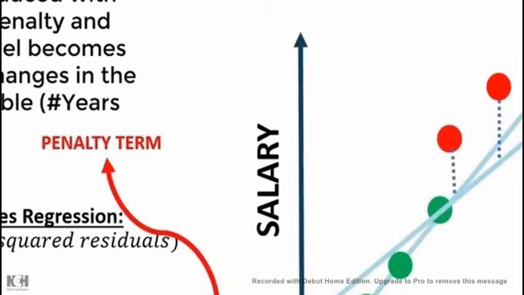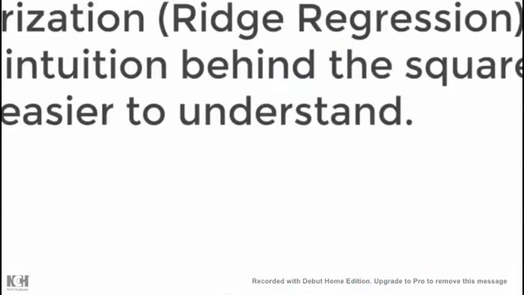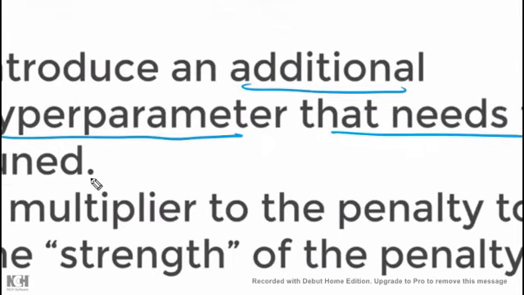Alpha is a hyperparameter value, as I have told you earlier. It introduces an additional hyperparameter that needs to be tuned. Alpha into slope square, out of which alpha is the parameter which is getting introduced, which is to be tuned.